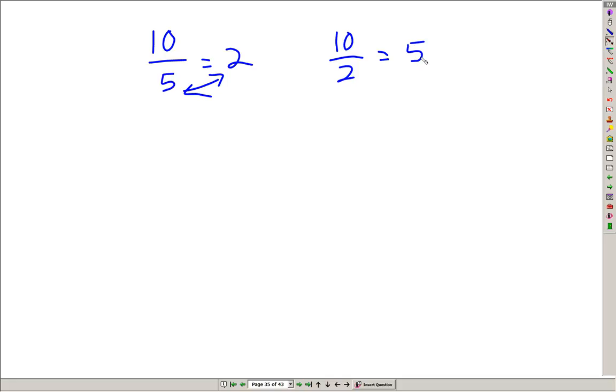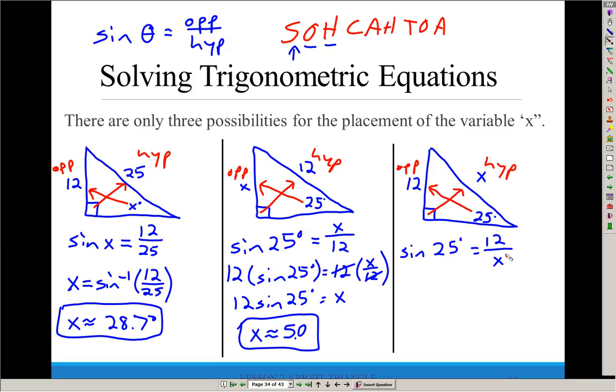So whenever x is in the denominator, just trade it with whatever is on the opposite side and just switch places. That way x is now over here, and you just punch this in to find out what it equals. So back to our equation, since x is the denominator, I'm going to trade it with the whole side, not just the 25, but the whole thing, sine of 25. So the x is now on the left.